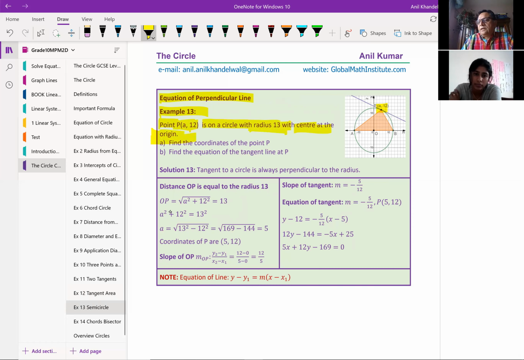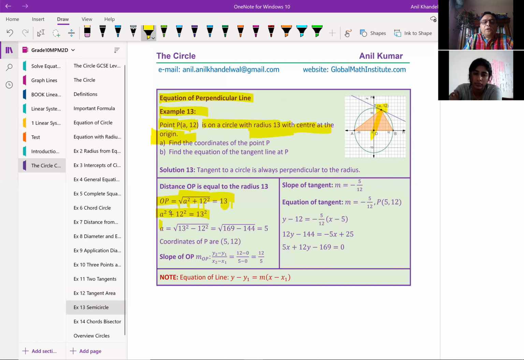You need to find the point on the circle where the y coordinate is given to you. That means it's very simple. Since the y coordinate and the radius are given, you can find the distance using the Pythagorean theorem, a square plus b square is c square. That's what I did. O to P is the radius, which is 13, so the square root of a square plus 12 square should be 13.